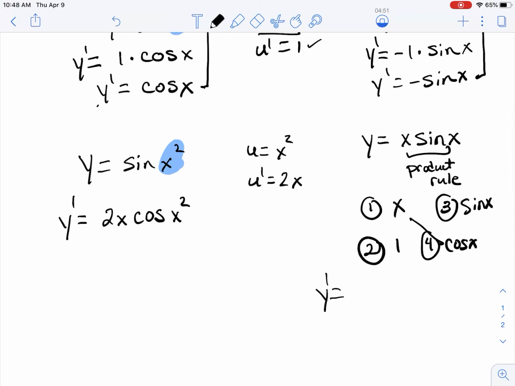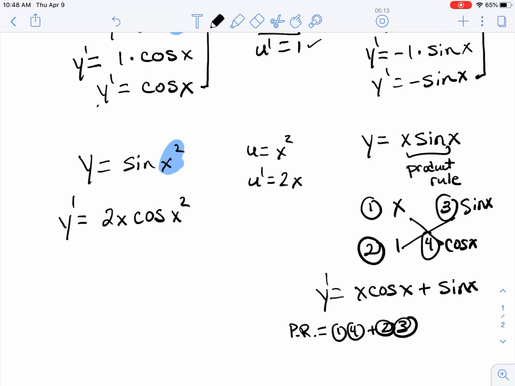y prime. So 1 times 4, that's going to be x times cos x, and 2 times 3, 1 times sine x. Now we're going to add, of course, sine x. So again, when we use the product rule, we like that 1 times 4 plus 2 times 3.